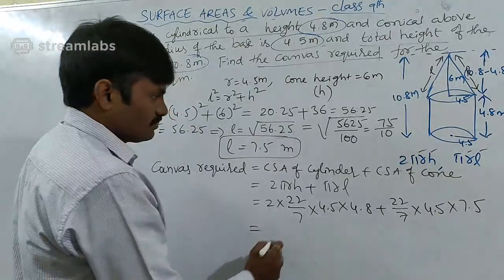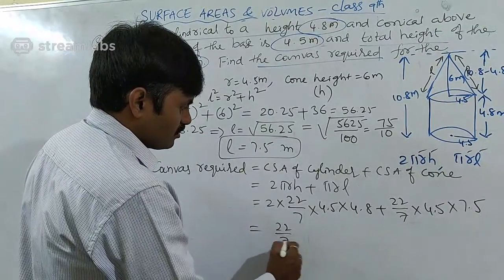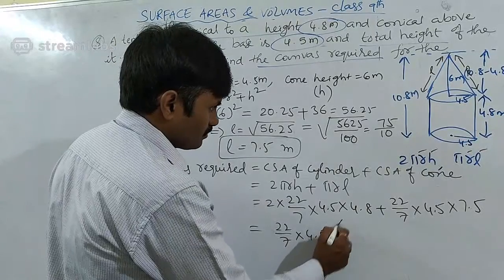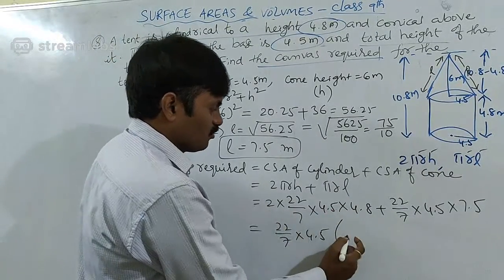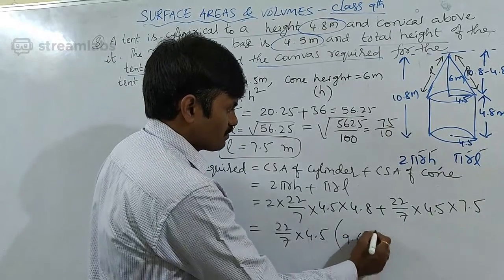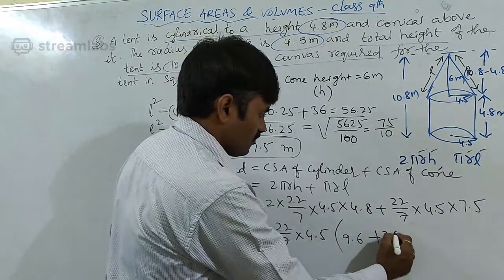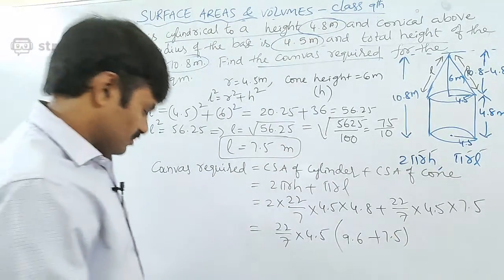Now see the answer. Take out what is common: 22 by 7 into 4.5 is common. The remaining is 2 into 4.8, that is 9.6, plus 7.5.